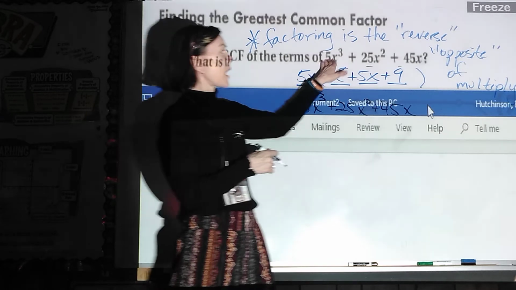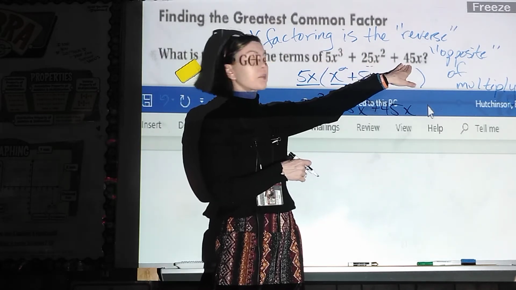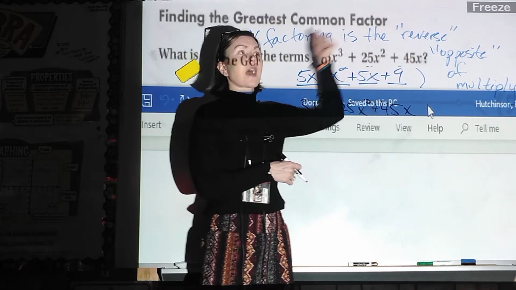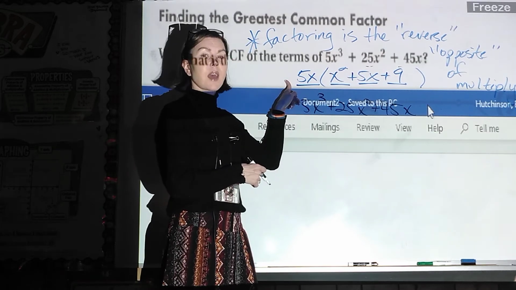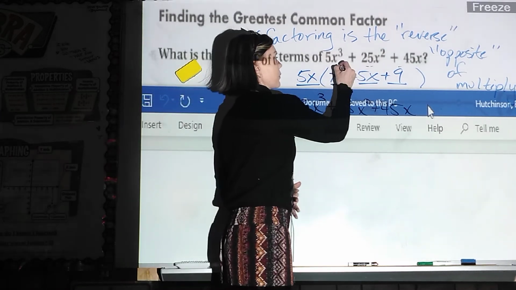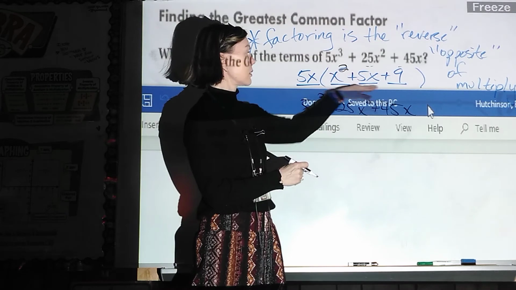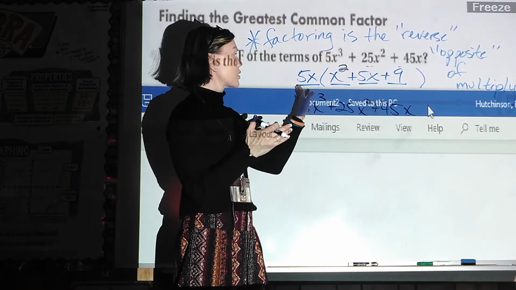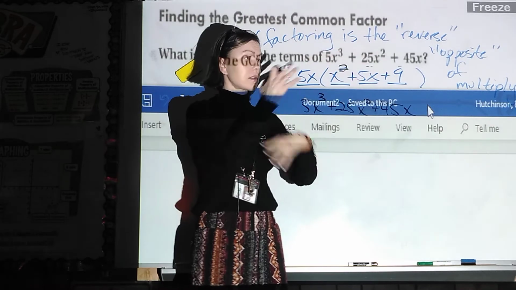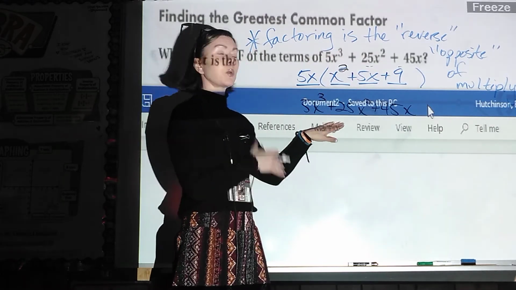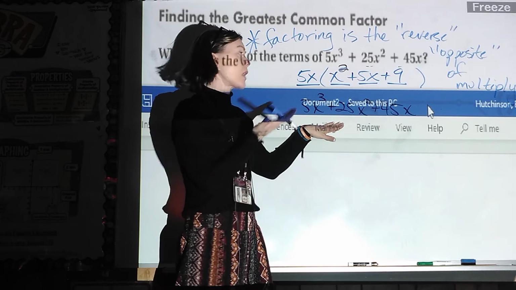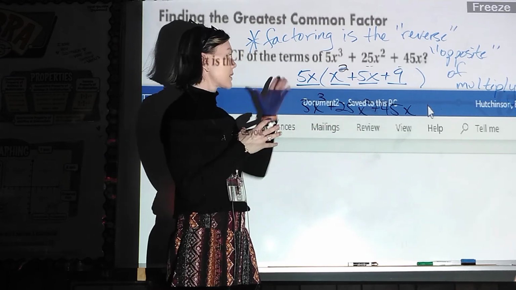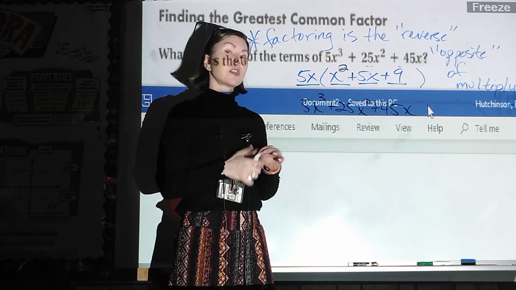We started out with 5x cubed plus 25x squared plus 45x. We said factor out the GCF, which was 5x, and this is what we were left with, right? And just to make sure that we had the right answer, we multiplied, which is the opposite, okay, just to see if we would wind up where we started, and we actually did. So that's how easy it is to factor out the GCF.